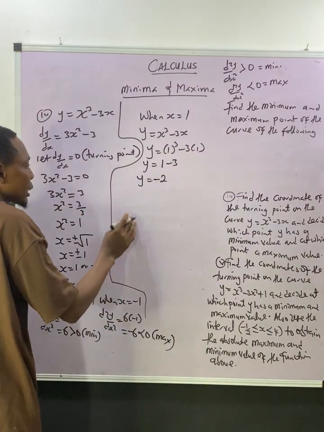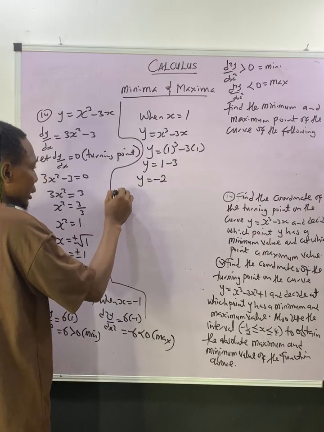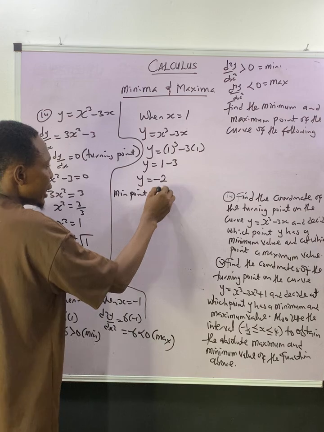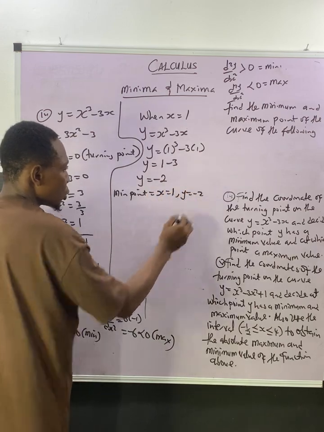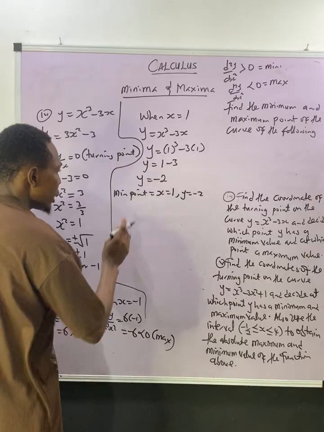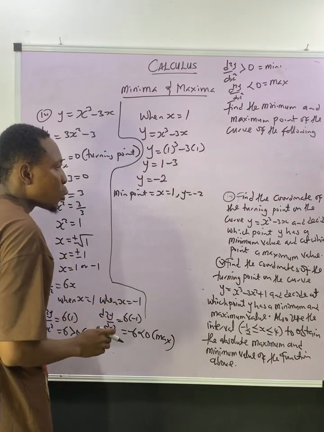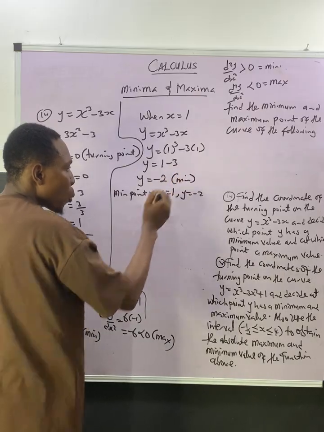It simply means that our minimum point is that when x was equal to 1, y was equal to minus 2. So this is the minimum point for y.